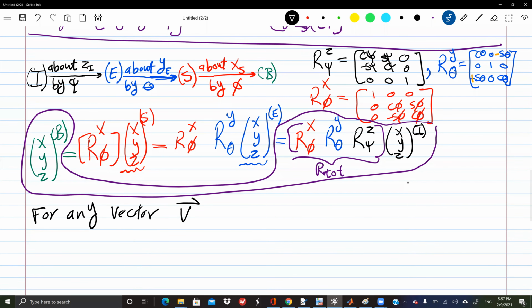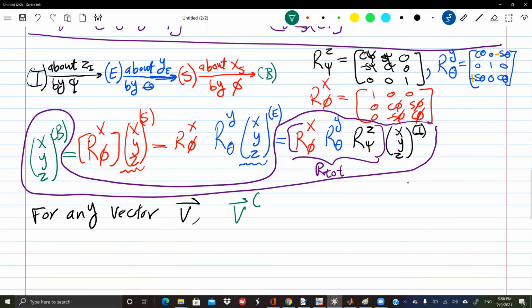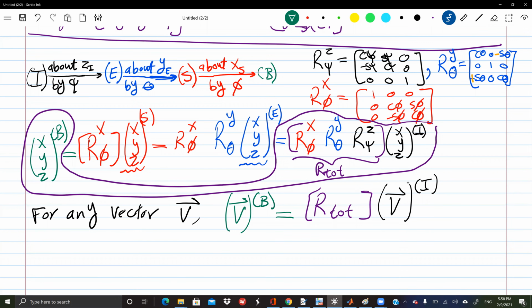For any vector V, the three components in the body frame are equal to this total rotation matrix multiplying that column V in the inertial frame to get that column in the body frame. Any question about that?